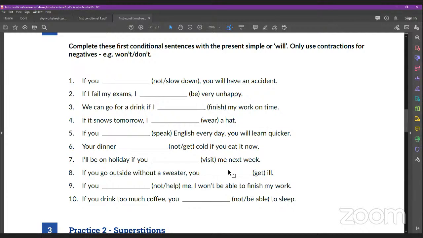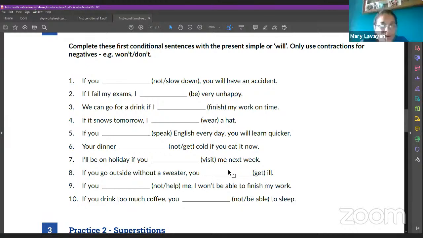Okay, let me see it. Miss Marila Valle, thank you. Number 3 and number 4, please. Miss Marila Valle, please, number 3 and 4.